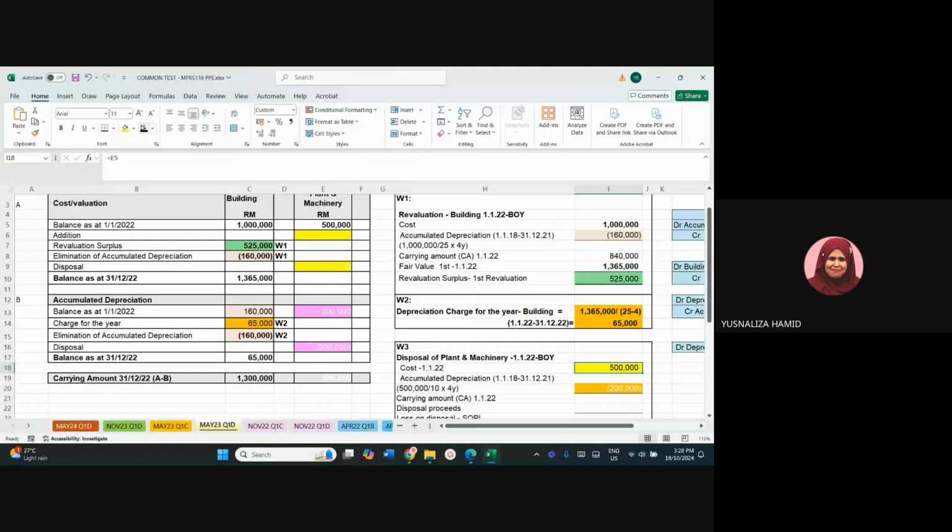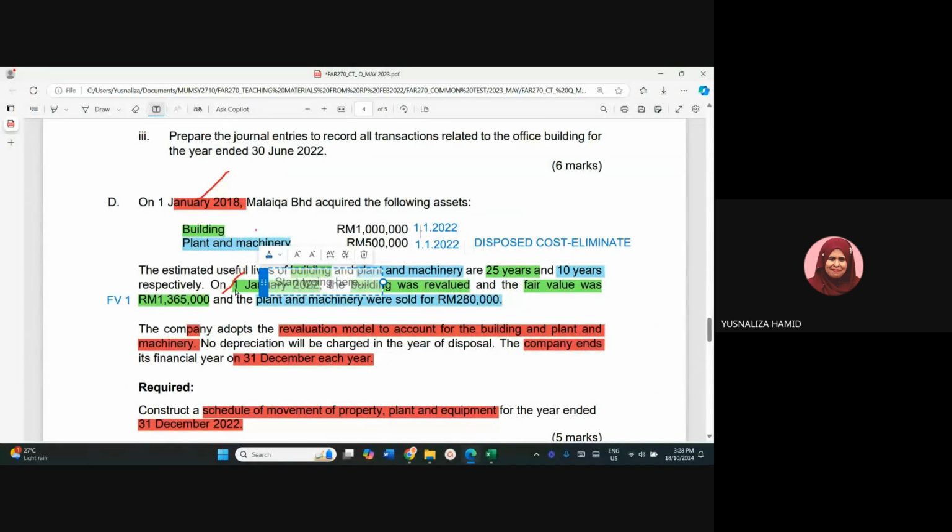Okay, 500,000. And you need to go and find the accumulated depreciation from 1st of January 2018 until 31st of December 2021. Why? Because the information tells you again that the building was revalued and also the plant and machinery was also sold on 1st of January 2022, the same date.